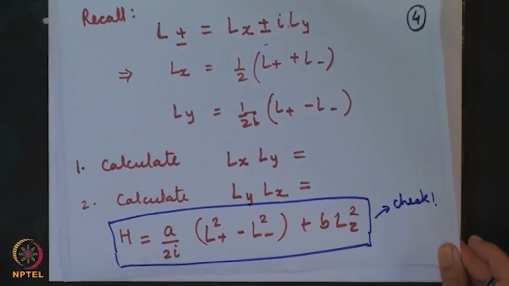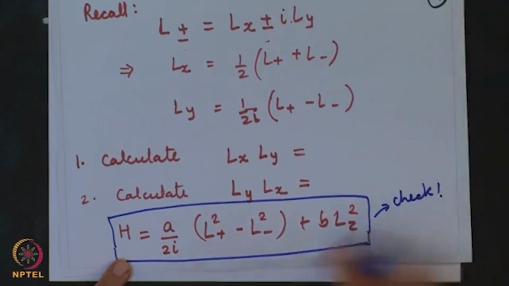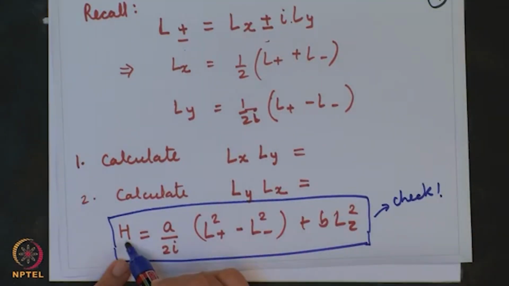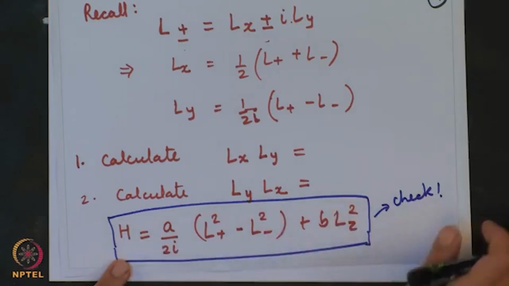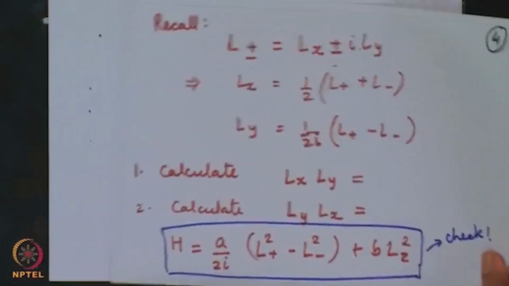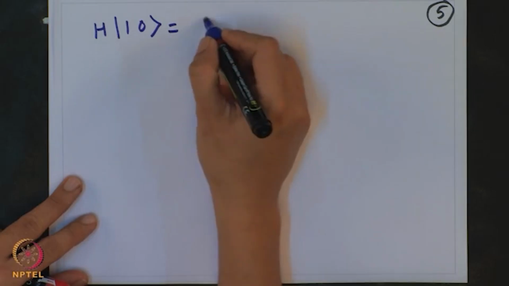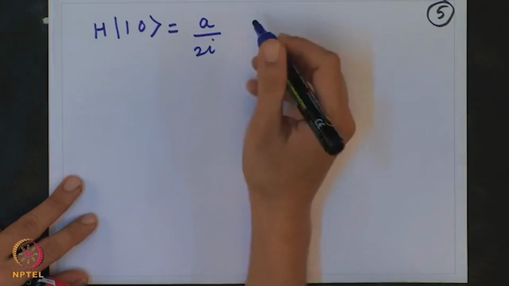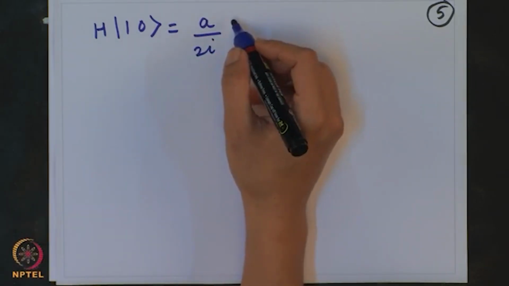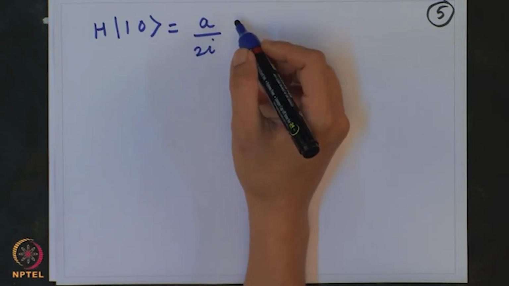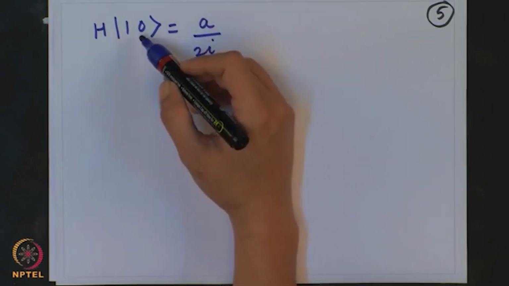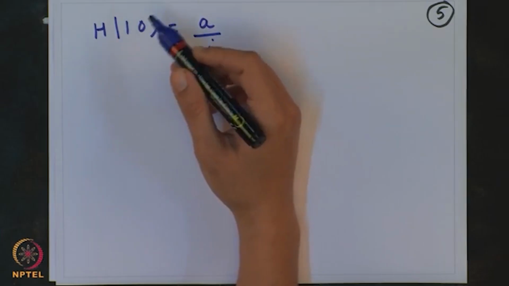Now you operate the Hamiltonian operator on the ket 1 0. When I operate on ket 1 0, I have 2i, and then L plus will take the ket from 0 to 1, 1 to 2.